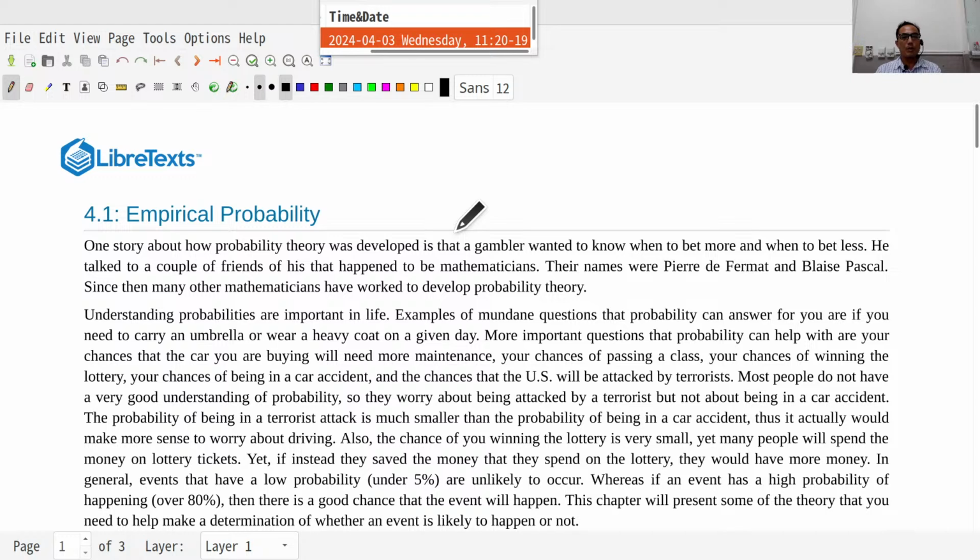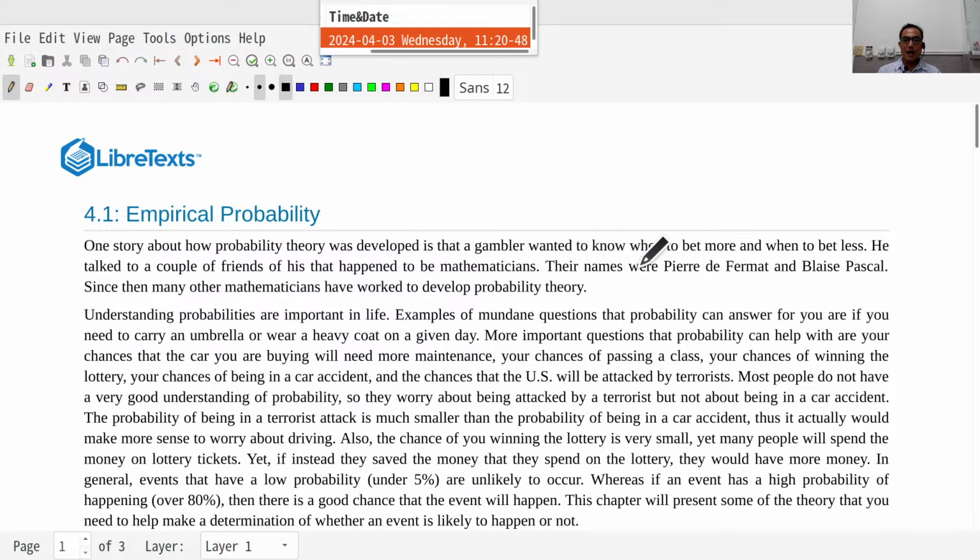Empirical probability. One story about how probability theory was developed is that a gambler wanted to know when to bet more and when to bet less. He talked to a couple of friends of his that happened to be mathematicians.